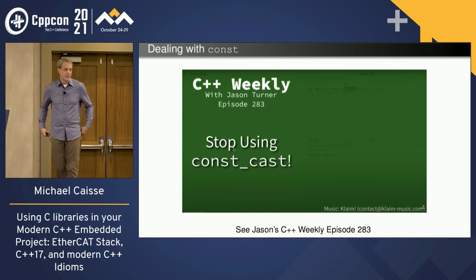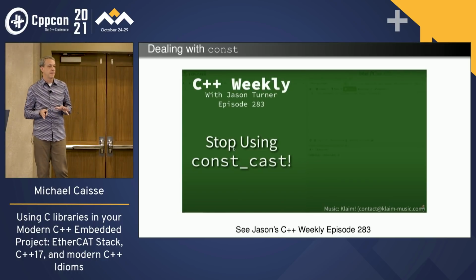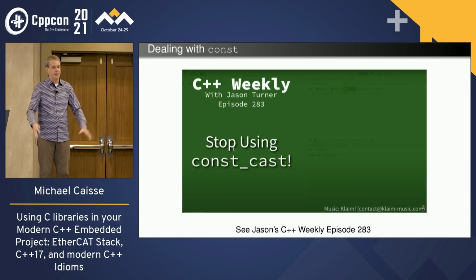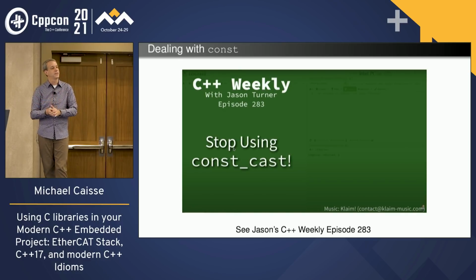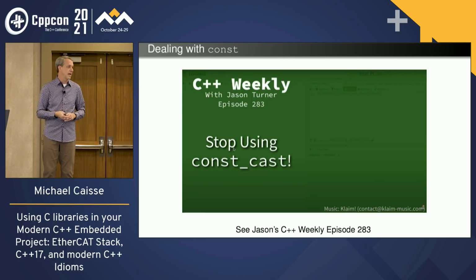All right. The other thing that I'm going to have to deal with is const in interfaces. As opposed to having a whole bunch of slides about this, if you are using these slides now, just click on the link at the bottom. Otherwise, go and watch this where Jason handled the const cast issue fairly recently.